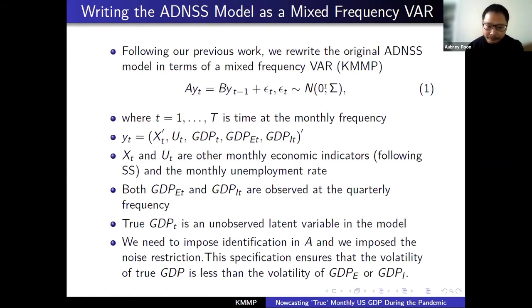We also need to impose some identification on the contemporaneous matrix A, and we just impose the noise restriction. What this noise restriction means is that the volatility of true GDP is going to be less than the volatility of GDPE and GDPI.